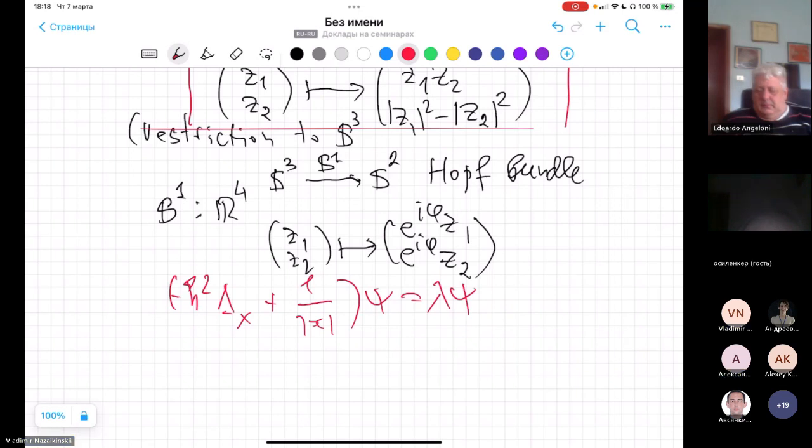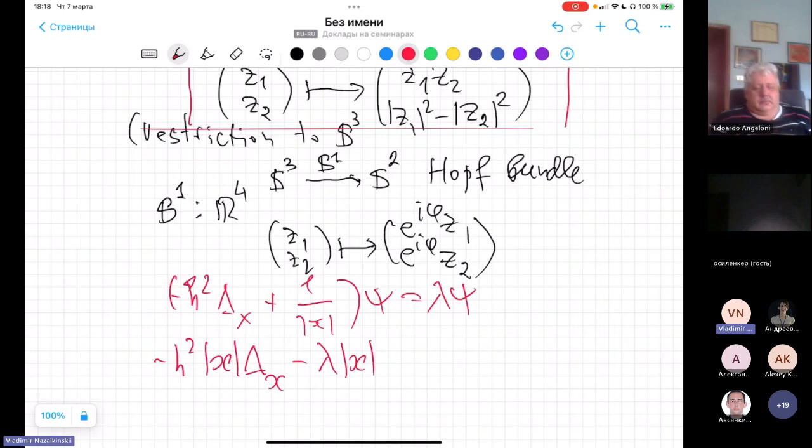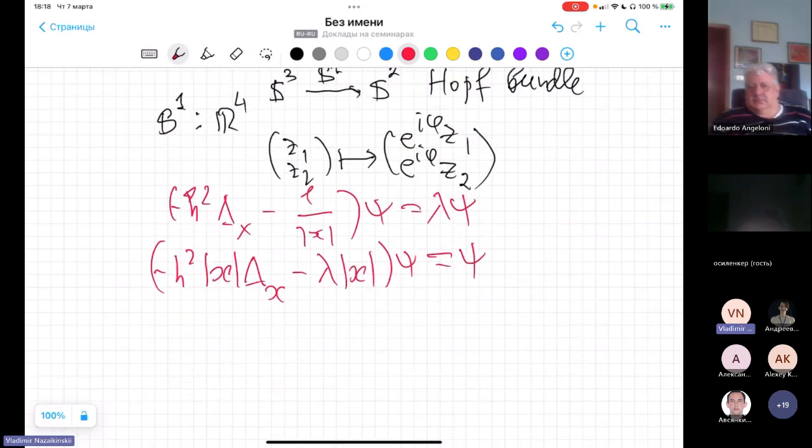So we have minus h squared absolute value of x times the Laplacian in x, minus lambda times absolute value of x, psi equals minus psi. We have this equation, and one can verify by straightforward computations that this operator here is none other than the restriction to the S1 invariant subspace of the following operator.